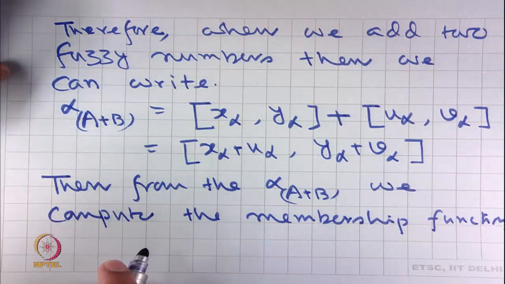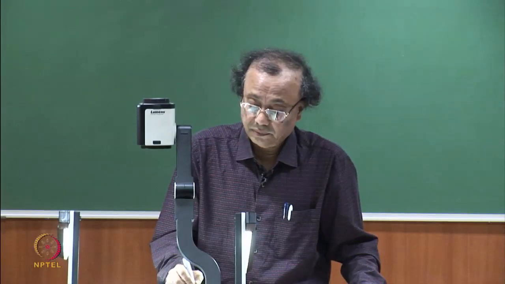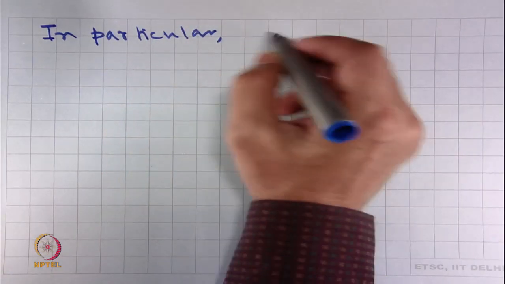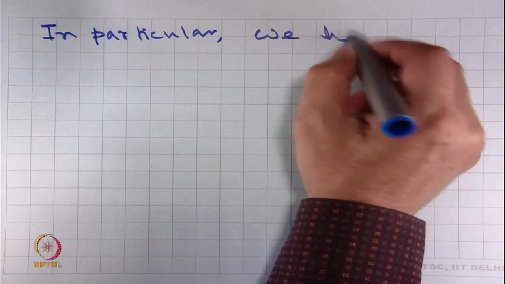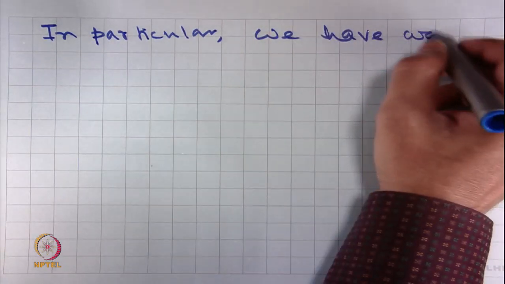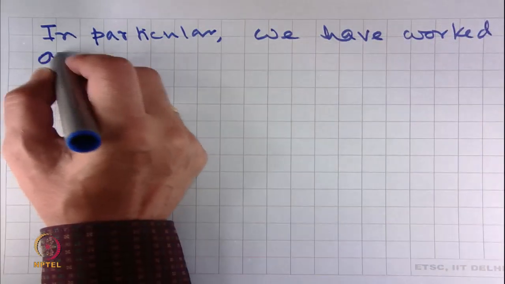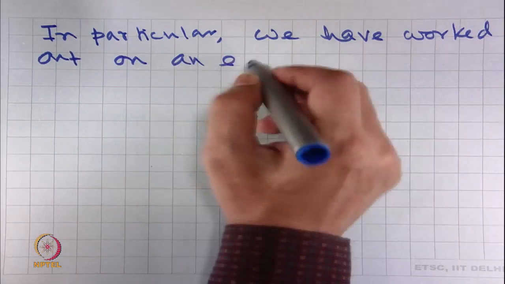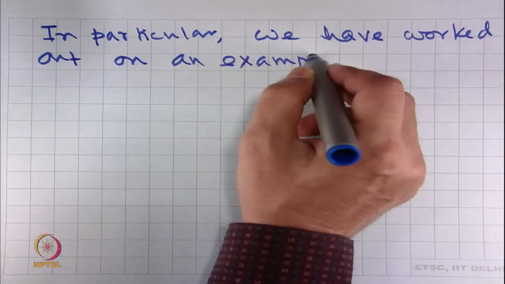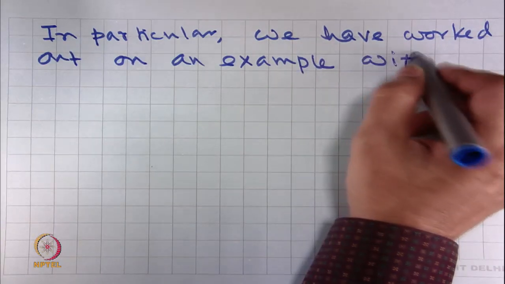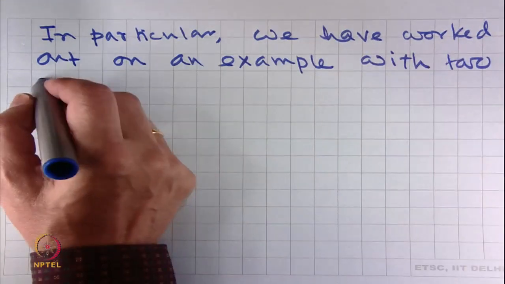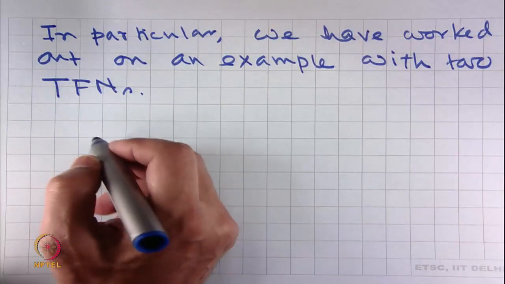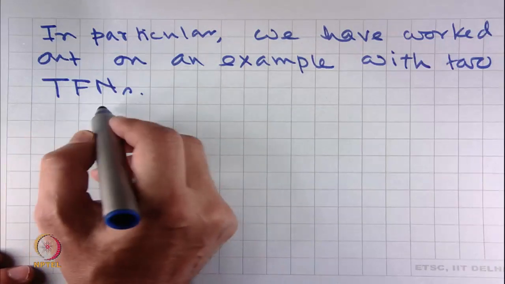In particular, we have worked out an example with two triangular fuzzy numbers. Why do we generally use TFNs?